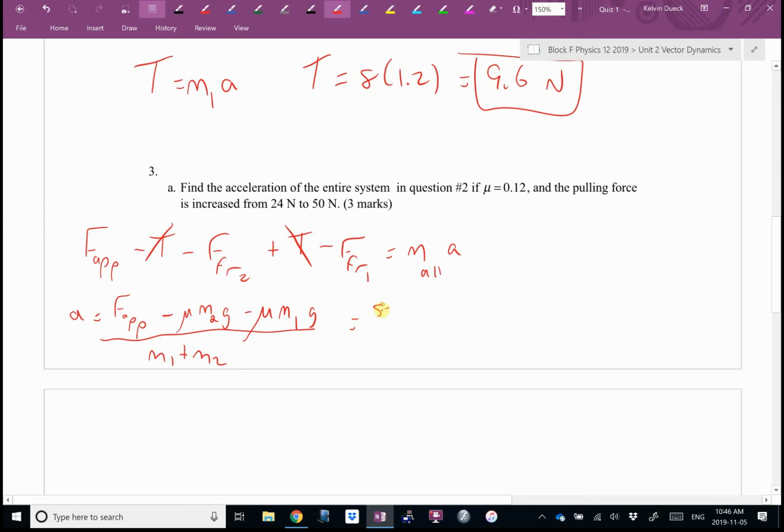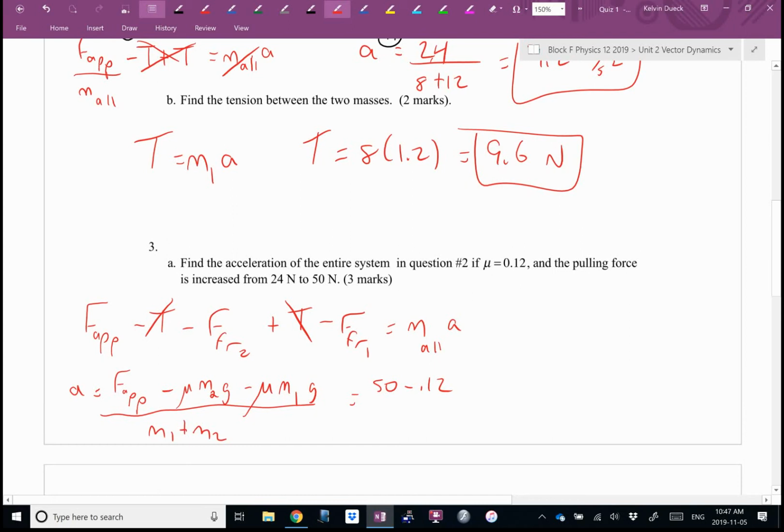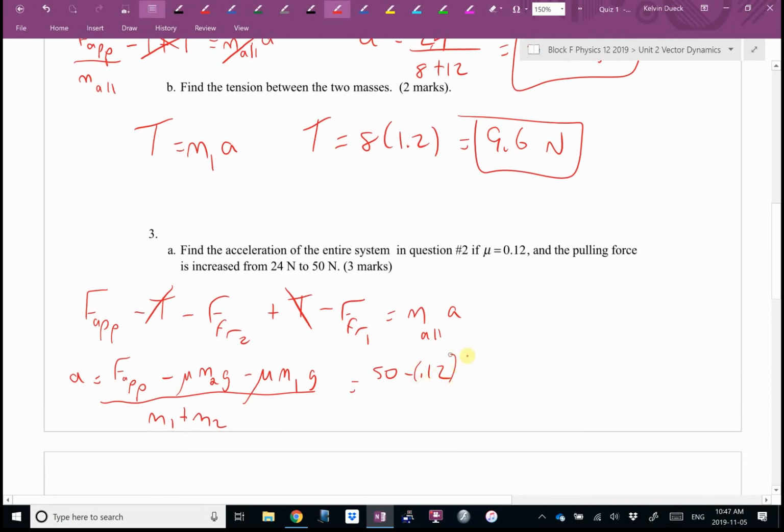It's going to be 50 minus 0.12 times 12 times 9.8 minus 0.12 times 8 times 9.8, all over 8 plus 12.